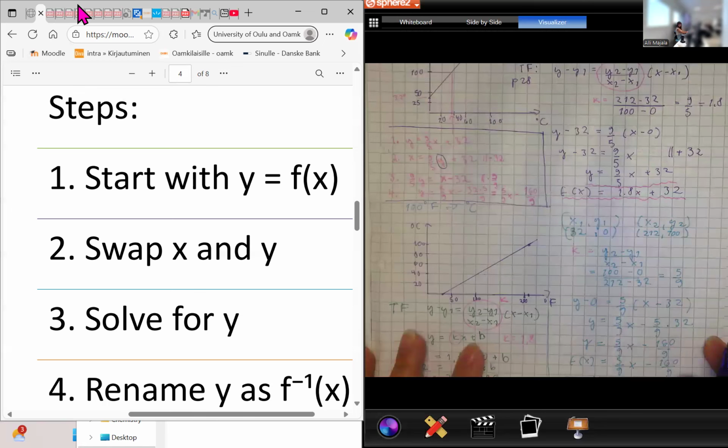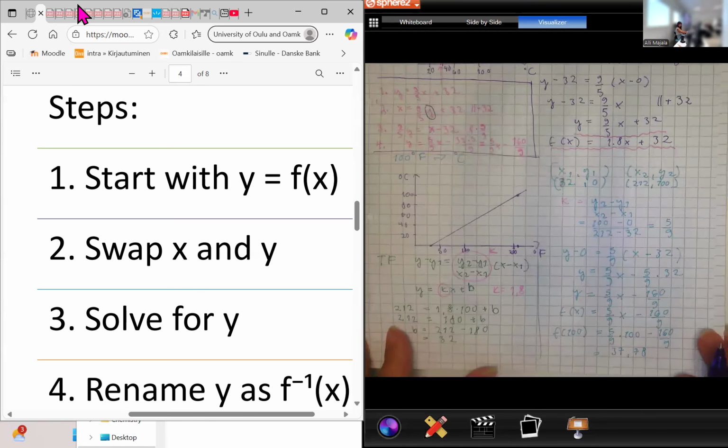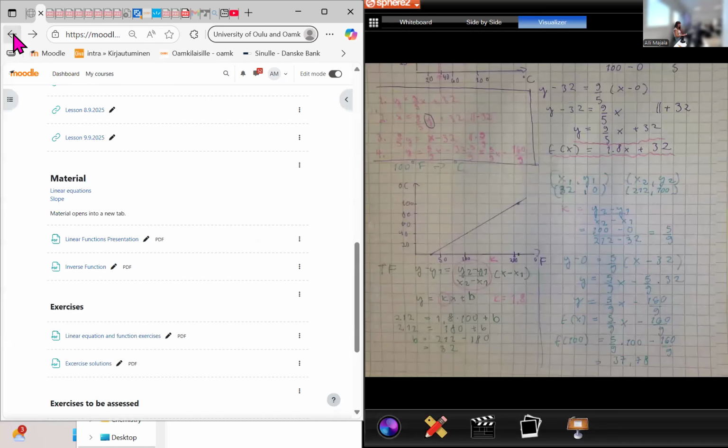So that was the other way of getting the inverse function. Just like quickly and easily. Okay, now I need to do one thing.